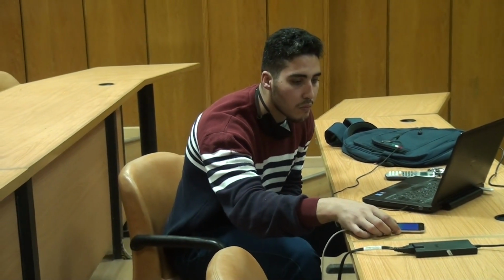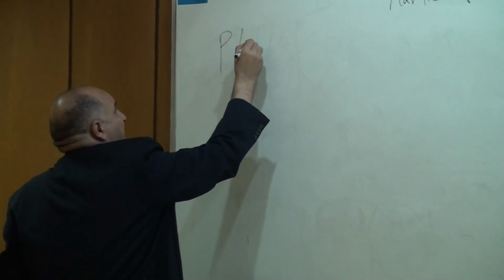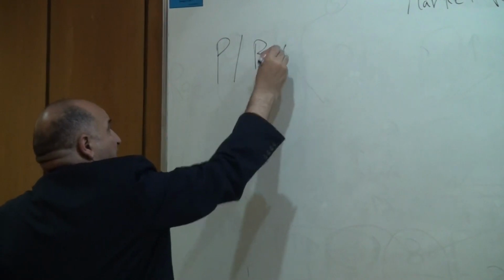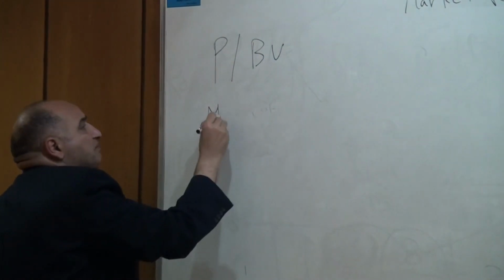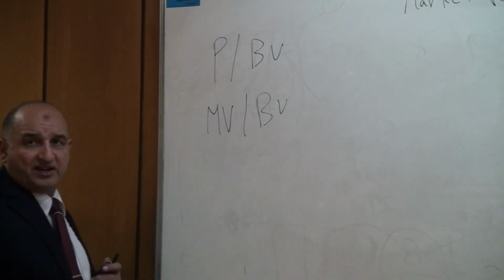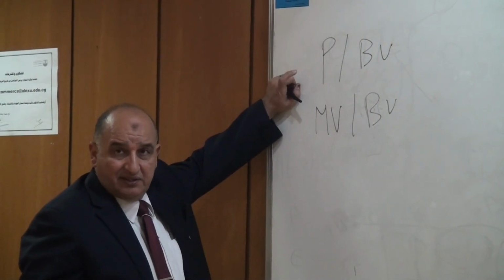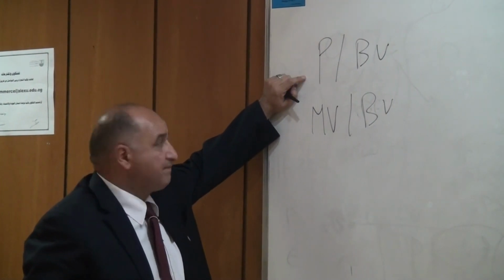Normally you call it price, the stock price divided by the book value, or sometimes market value to book value. Both are true. Market price is the stock price on the market.